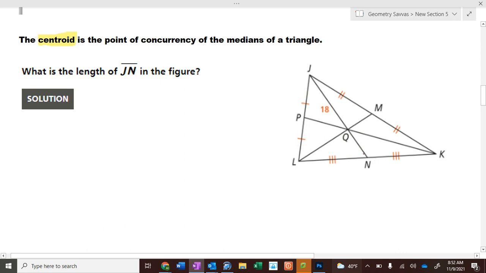So how long is QN? 9, because it's on the 1/3 part, because the 2/3 part is twice as long as the 1/3 part. So how long is JN, the whole thing? 27. Okay, the whole thing is 27.